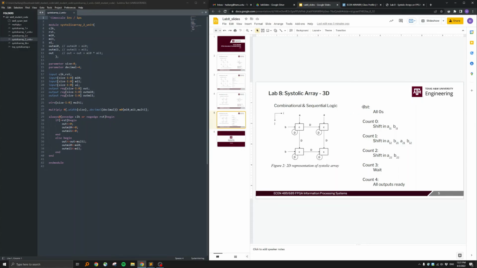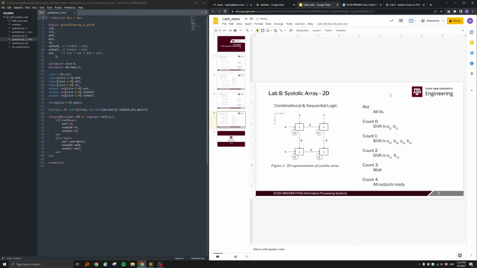Of course, I guess this is not the only solution, but I can guarantee that if you follow this schedule, you should be able to get the result as the matrix A times B here.